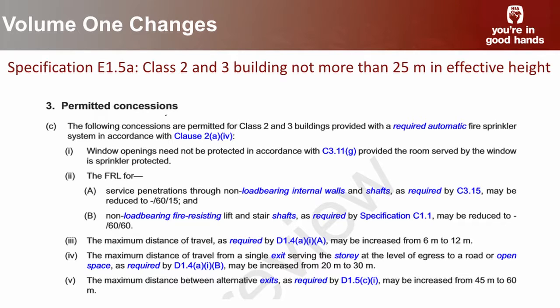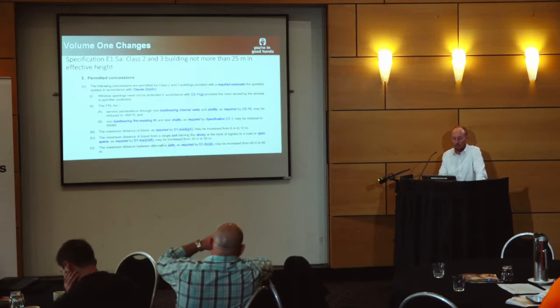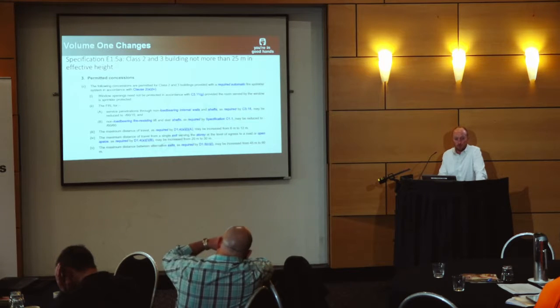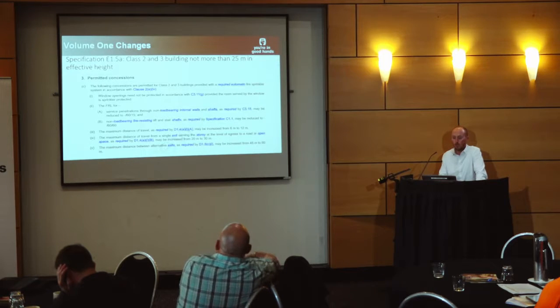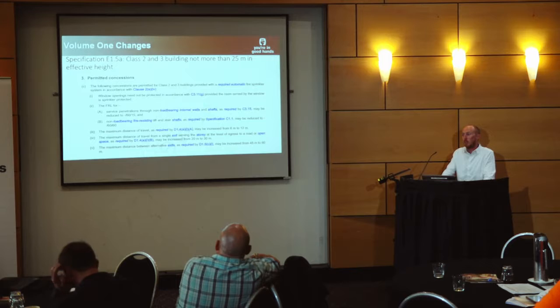You can have an increased travel distance within the SOU, and for the building itself a maximum distance of travel that is extended as well, as is the distance between alternate exits. Depending on the design, you may be able to utilise this to come up with a single fire exit as opposed to 2 fire exits.